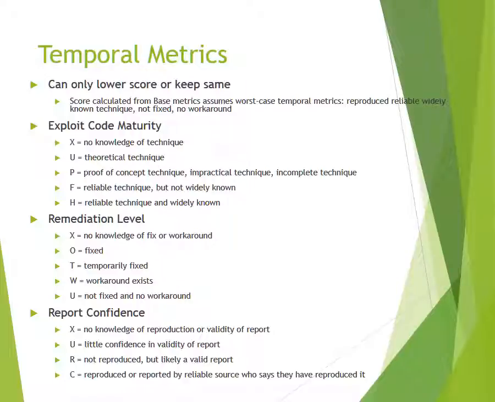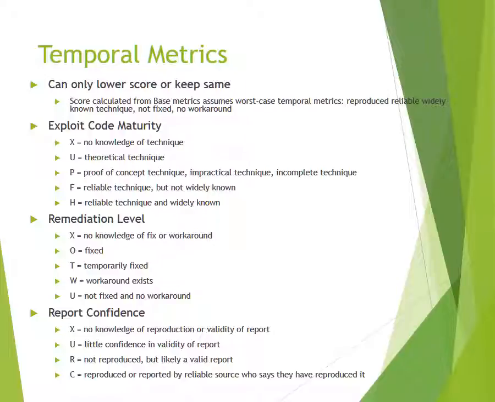If it's just theoretical, somebody's just saying this could happen and doesn't have any code to show it, then it's given a U. And if you have no knowledge of the technique, if you can't discern which one of these four other metrics is the case, then you just say X and you have no knowledge of it, and it won't affect the score. Same with remediation level. If you have no knowledge of a fix or a workaround, then it doesn't affect the score.